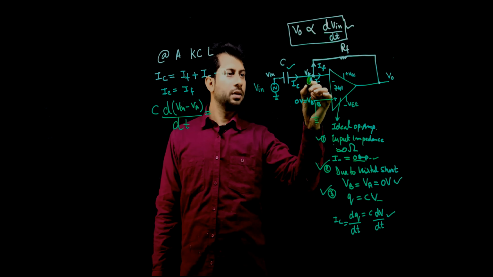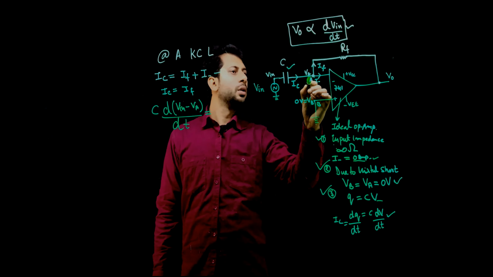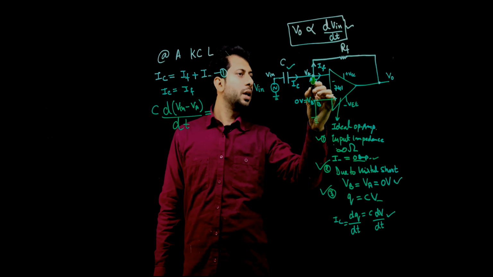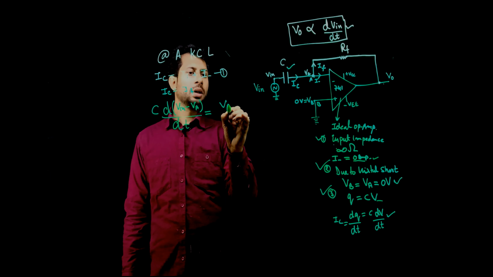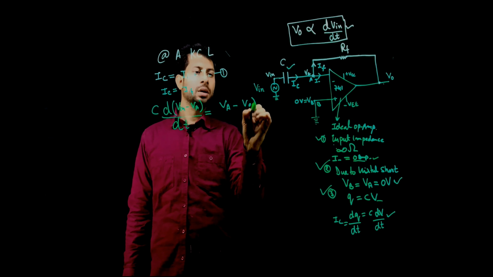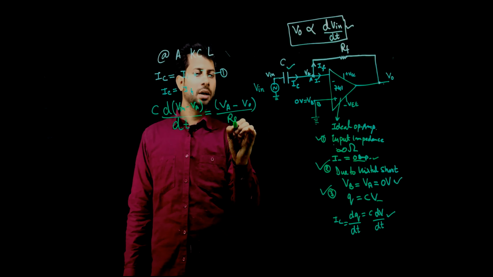Assuming that this is a higher node, potential at this node Va is higher and V naught is lower, so IF is equal to (Va minus V naught) divided by Rf.